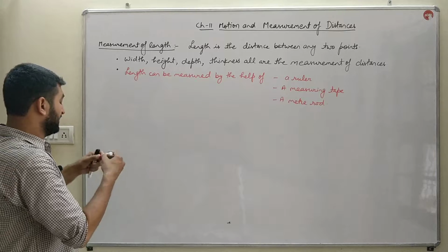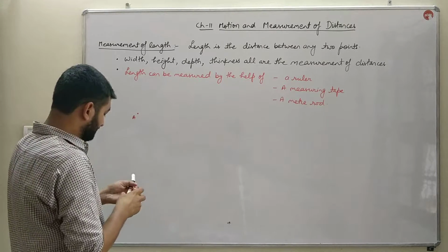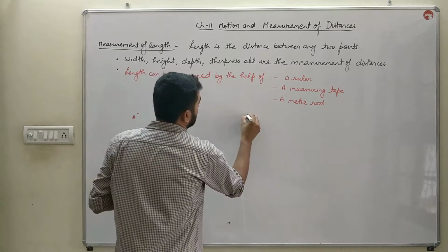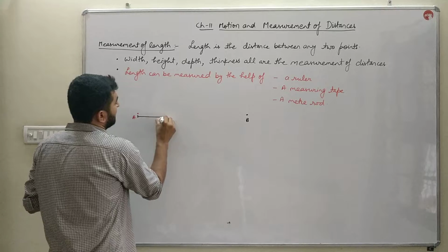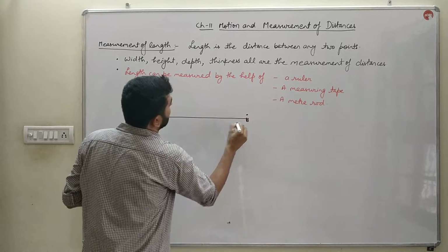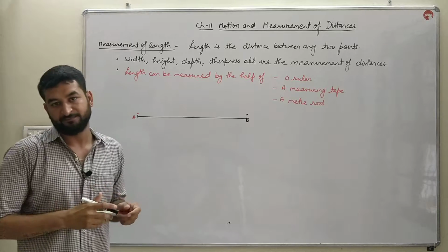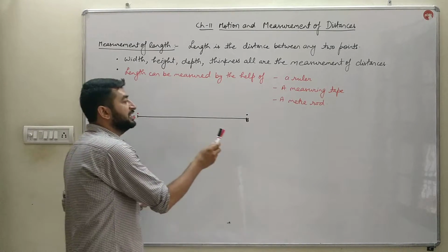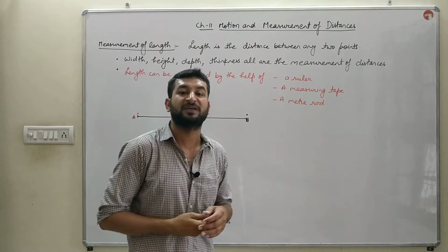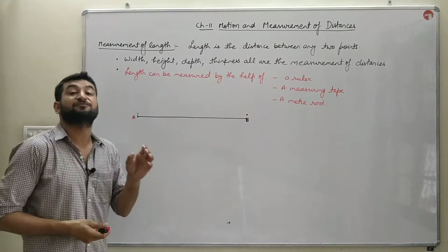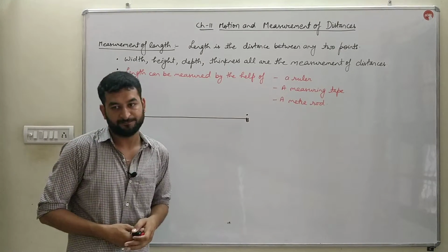For example, bache, suppose that is a point A and that is a point B, we want to measure the length between them, then this distance between A and B is known as the length of AB. अगर बच्चों हम A और B के बीच की लेंथ मापना चाहते हैं, that means between these 2 points, what we have to measure is distance, and that distance is known as length of AB.